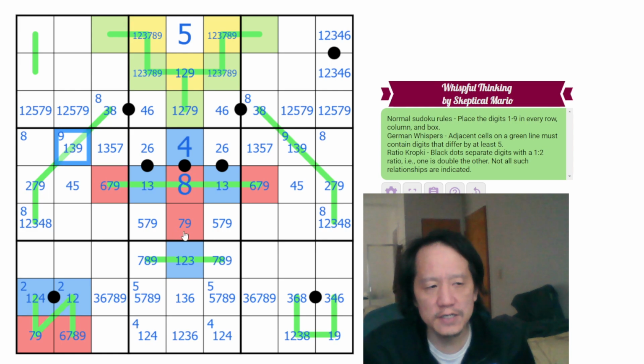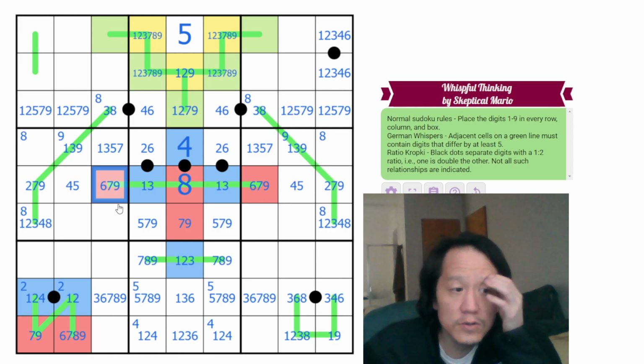So if 9 is here, obviously it's with 2 and 8. That's fine. And then the other one's 6 or 7, which is fine. This is 3, this is 9, 2, 8, which makes this 6, which makes this 2 and 1, which means the 6 has to be there. Okay.